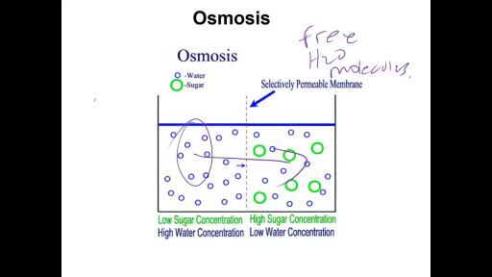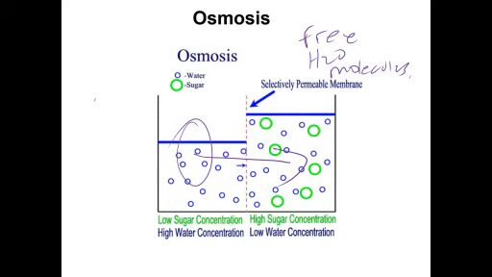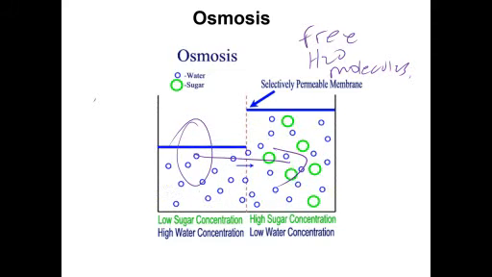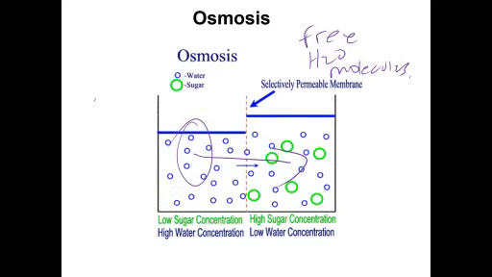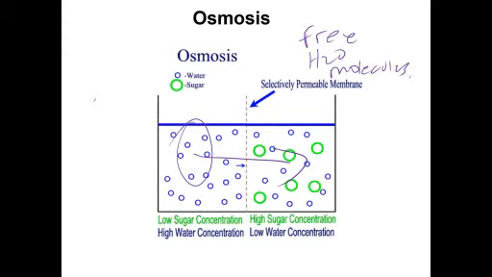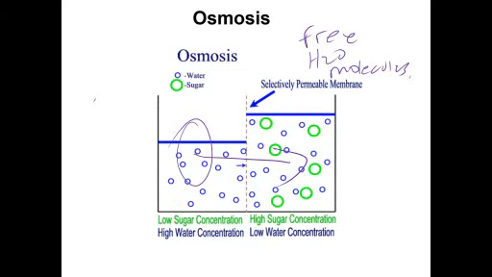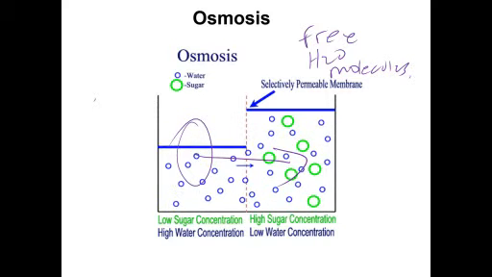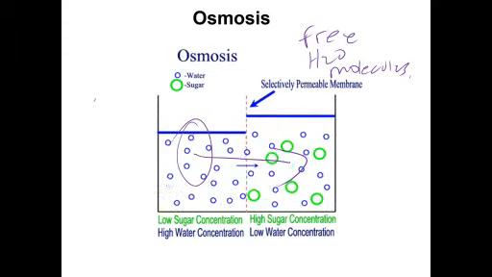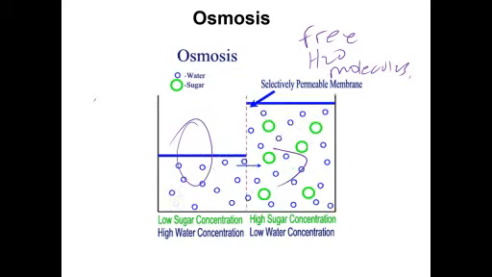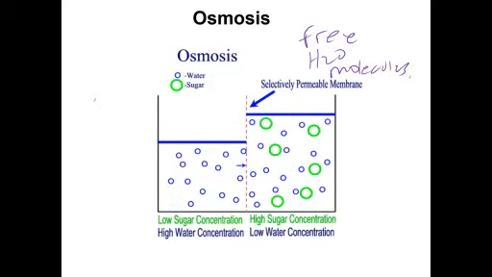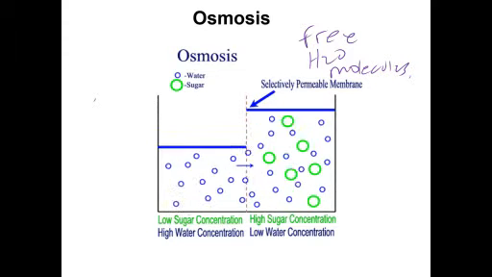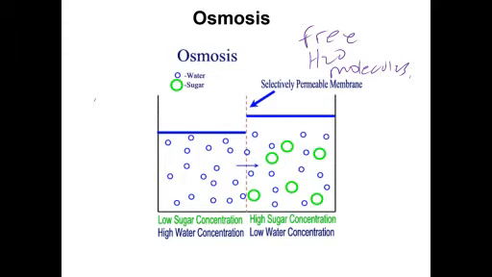In this case, there's a net movement of water to the right. And so the volume on the right side of the container increases, and the volume on the left side decreases, until there is an equal concentration of water molecules on both sides of the container. In this example, the membrane is permeable to water, but impermeable to the solute.